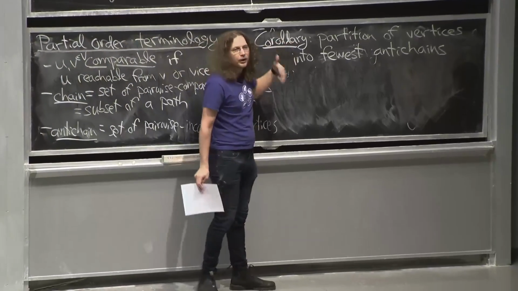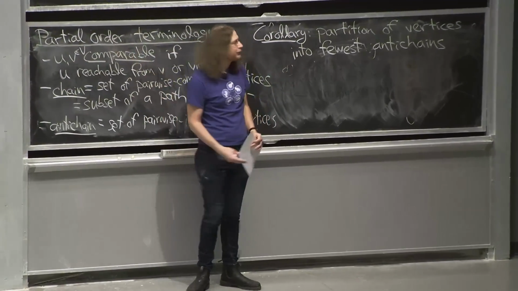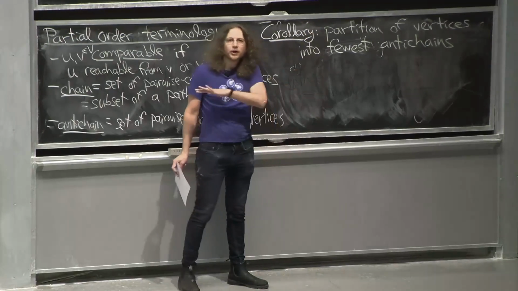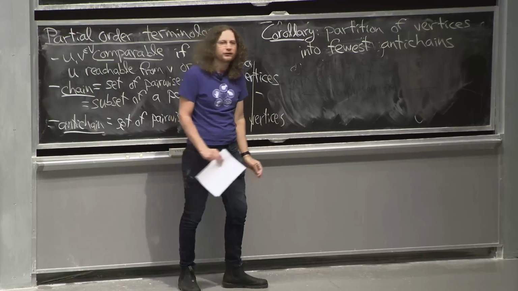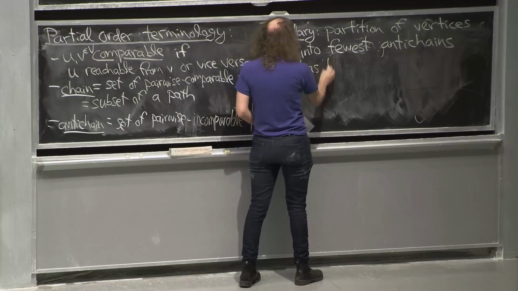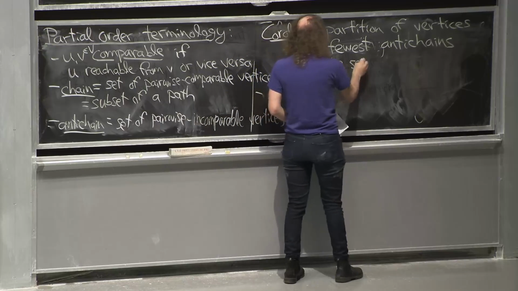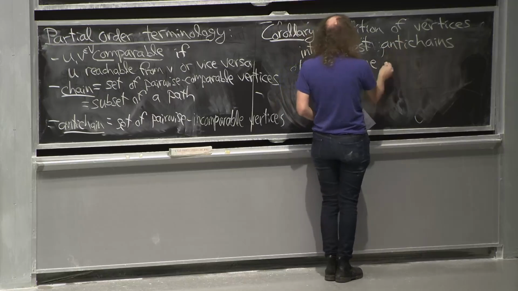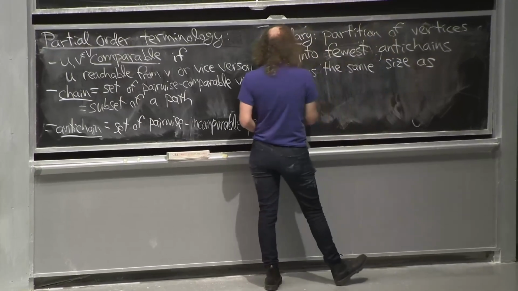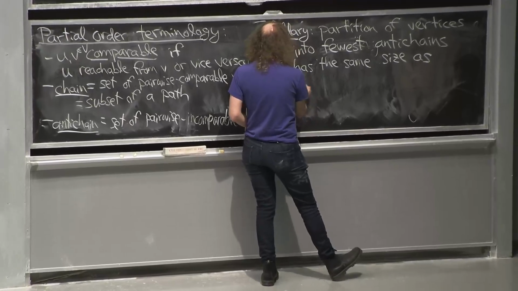So the number of steps I need, the span of that schedule, is exactly the number of antichains I need to cover all the vertices, to execute all the tasks. Okay? The theorem is this has the same size as the size of the partition, the number of antichains you need, is the longest chain.